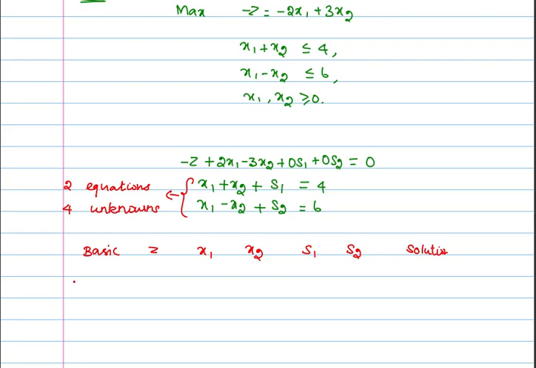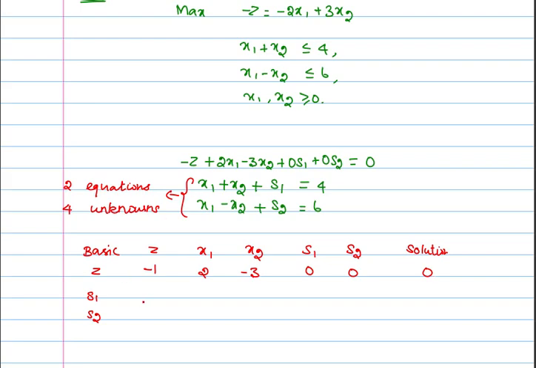Similarly, the basic variables are z, s1 and s2. What is the coefficient in the objective function row? It is minus 1, 2, minus 3, 0, 0, and the right hand side is also 0.